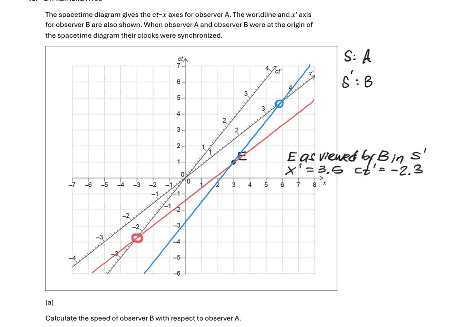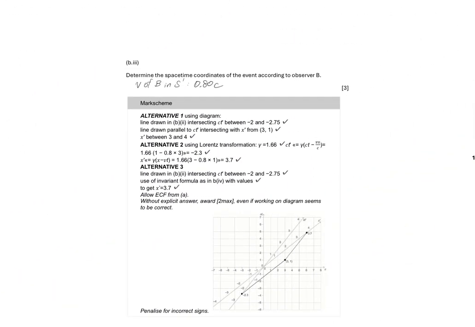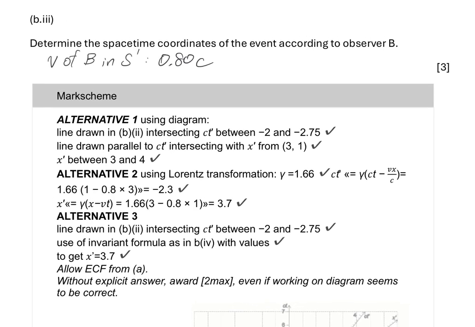But we can see, based on the diagram, that by drawing parallel lines to the axes for S prime, we get that the X prime position for observer B is about 3.5, and we get that the CT prime for the time is negative 2.3, which agrees with the mark scheme where it says that the CT prime is between negative 2 and negative 2.75, and that the position is between 3 and 4.